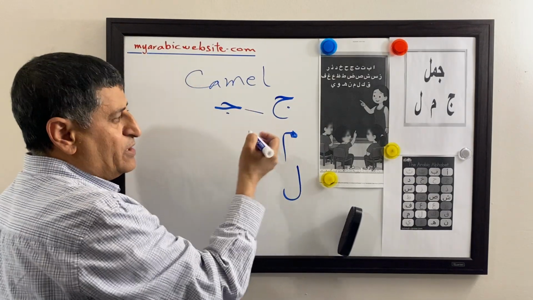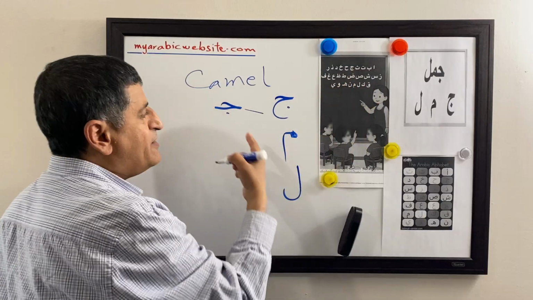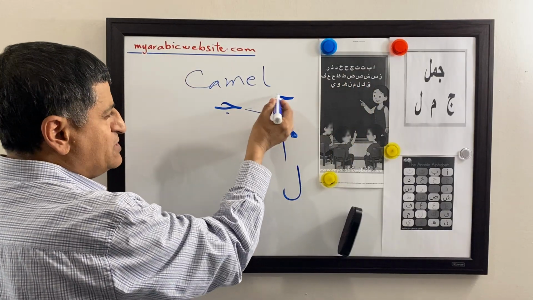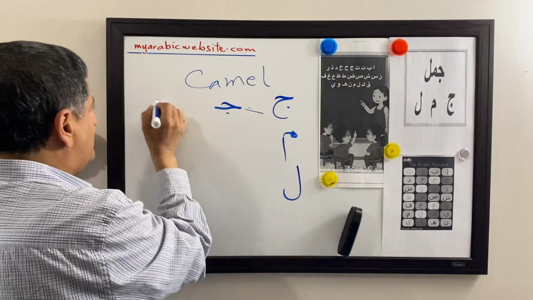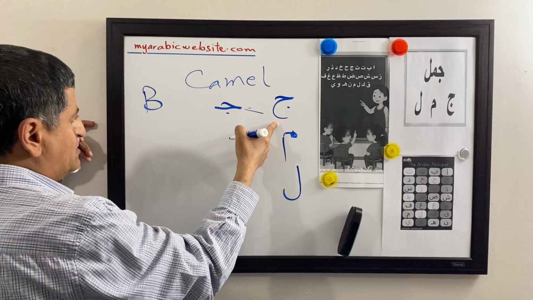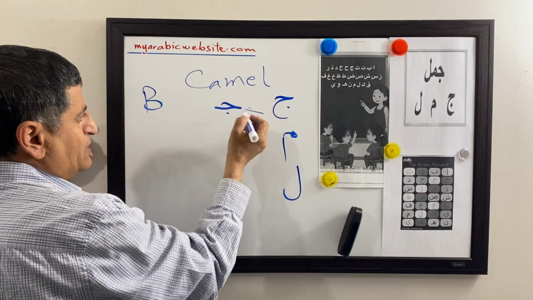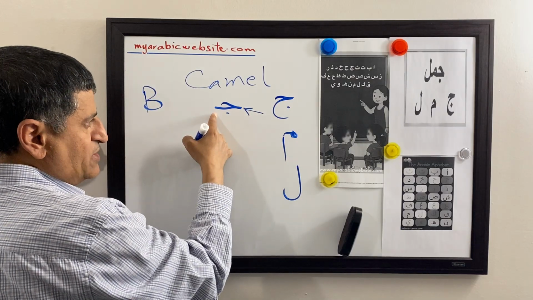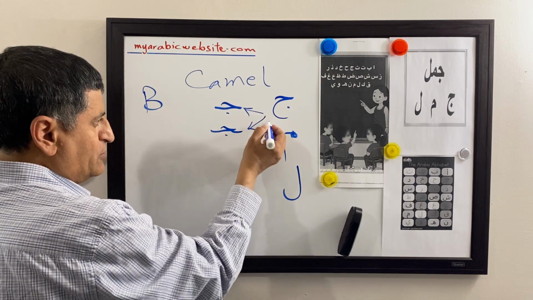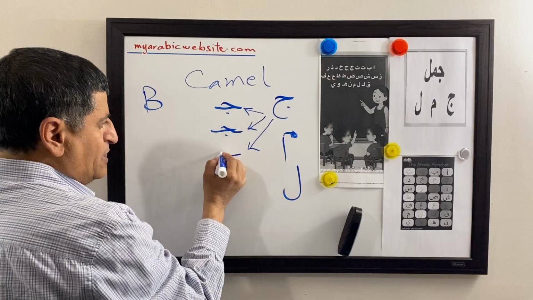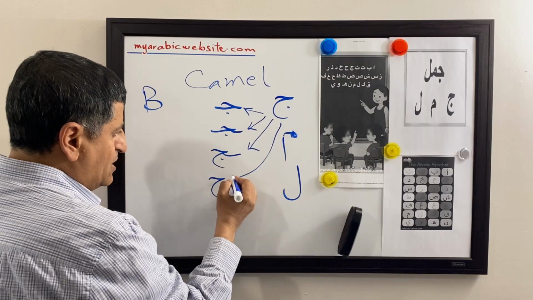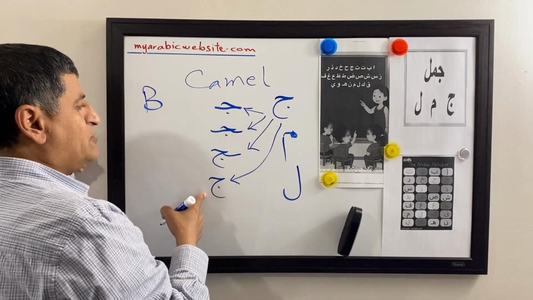As I explained before, on my website or on my YouTube videos, most Arabic letters have 3 or 4 shapes. For example, Jim, this is how we write the original Jim. Like if you write B like boy as a capital uppercase letter, it has this form in the beginning of each word, this form in the middle of the word, this form connected at the end of the word, and this form again separated at the end of the word.